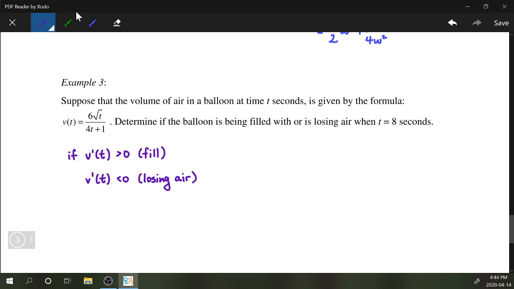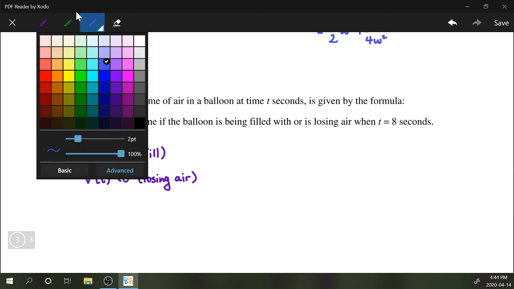So in this case, we will rewrite the square root as a power of t, t to the 1/2 power. And then we can apply the quotient rule.